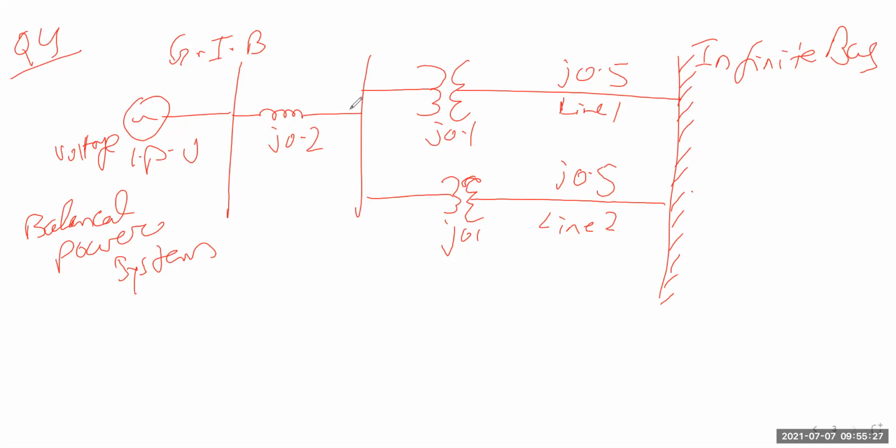The infinite bus voltage magnitude is also 1 per unit. Now what occurs is a three-phase fault.